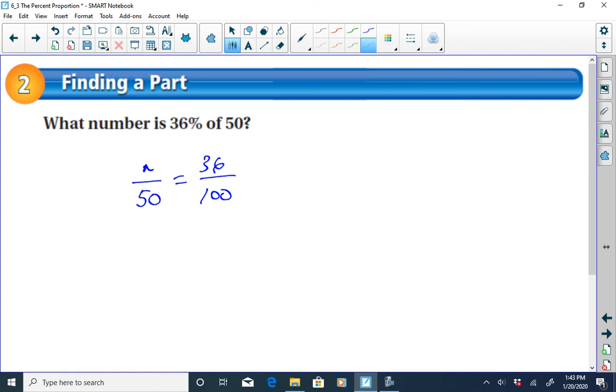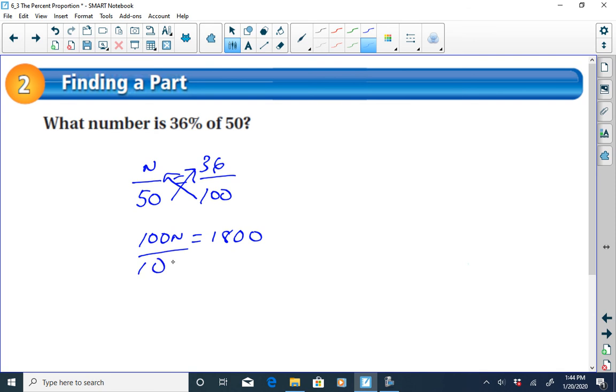We're looking for the part of our first ratio. What number is 36% of 50? So how many out of 50 is the same as 36 out of 100? Once we have our proportion set up, we use our cross products property. 100 times n is 100n, and then we multiply 36 times 50, that's going to be 1800.